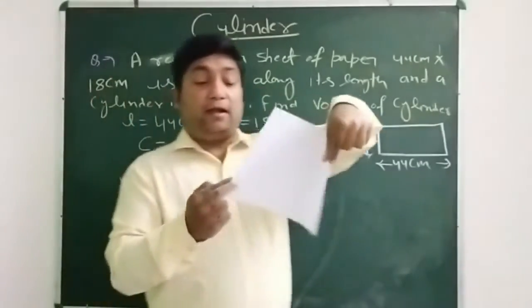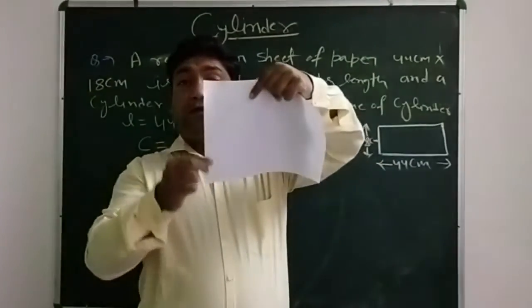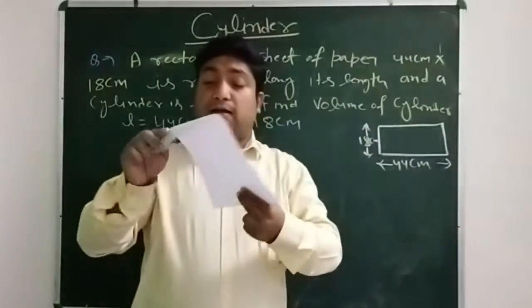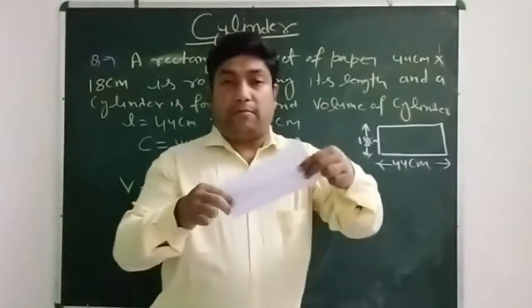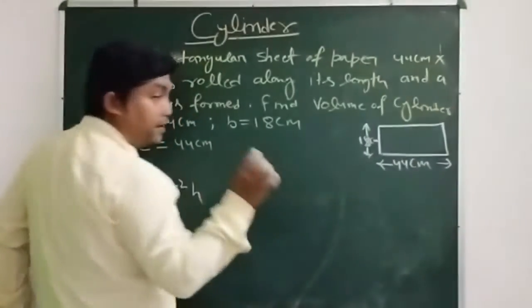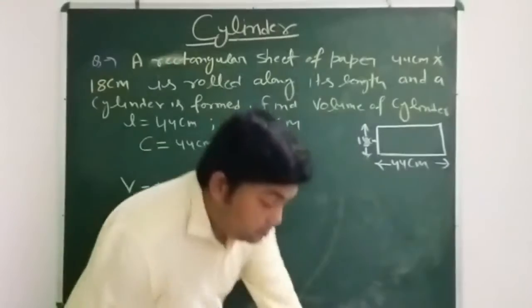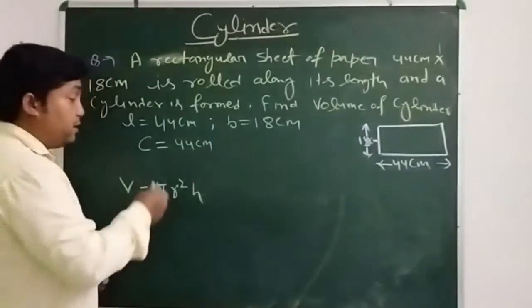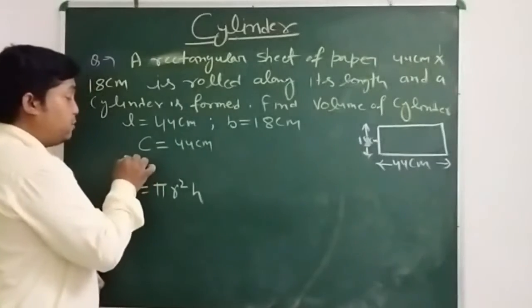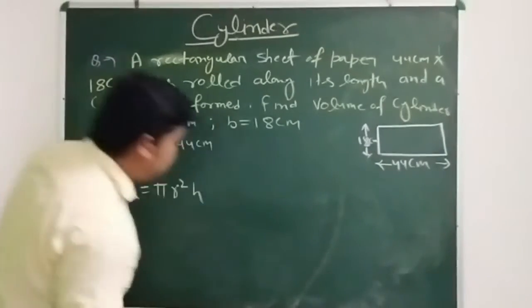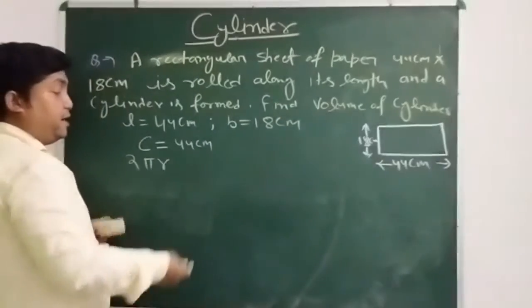And the breadth of this paper in that cylinder is the height. Just see here: the circumference is equal to 44 centimeter. Then what is the formula of circumference? 2 pi r.